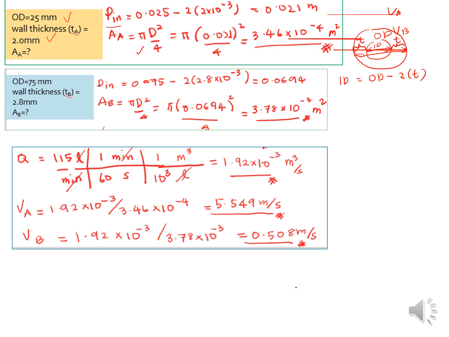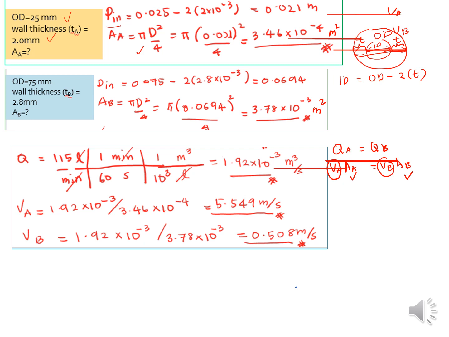Once you have calculated the area, you need to substitute into the equation. Sorry, it's not Bernoulli. This one actually uses the continuity equation, which is QA equals QB, which is VA times AA equals VB times AB. Since the area is already obtained from the previous step, we need to get the VA and VB. Here we already have the Q, but you have to change the unit first because the unit given originally in the question is liter per minute.